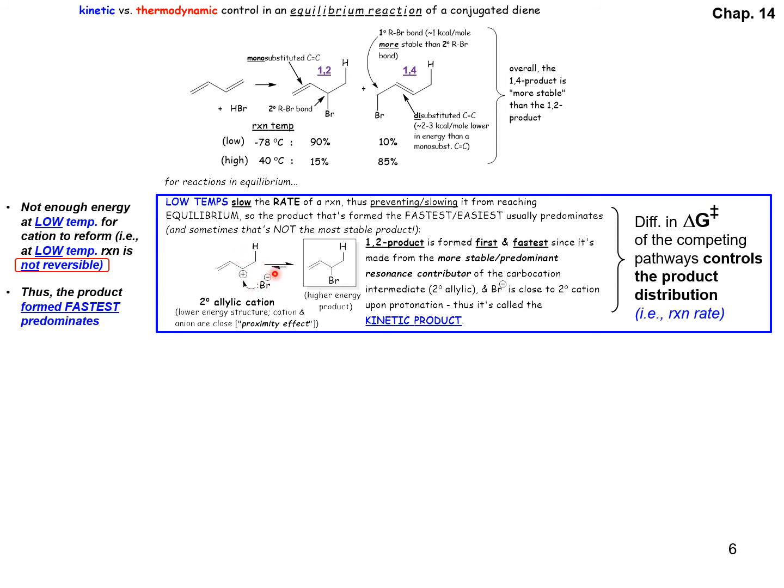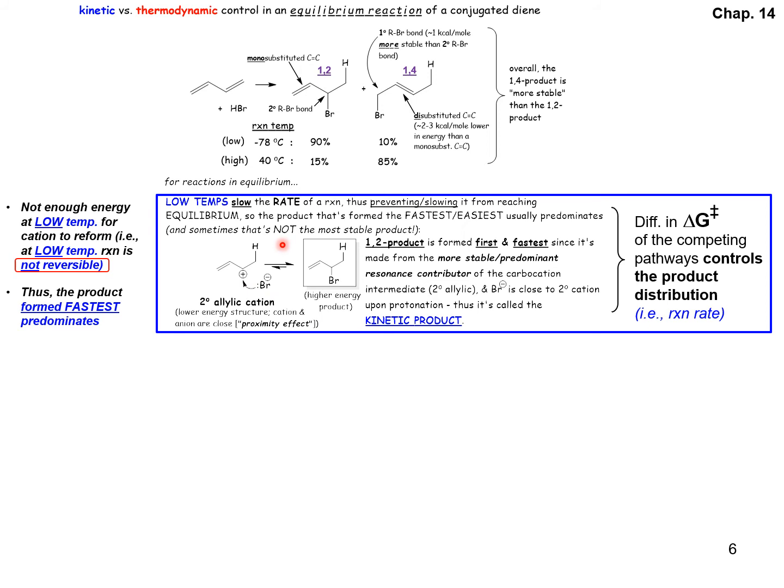The nucleophile is Br-. And a second reason that the 1,2 product is the major product formed, the higher energy product, is because of the proximity of the Br- to the secondary carbocation. It's closer to the secondary carbocation than it is to the primary carbocation.